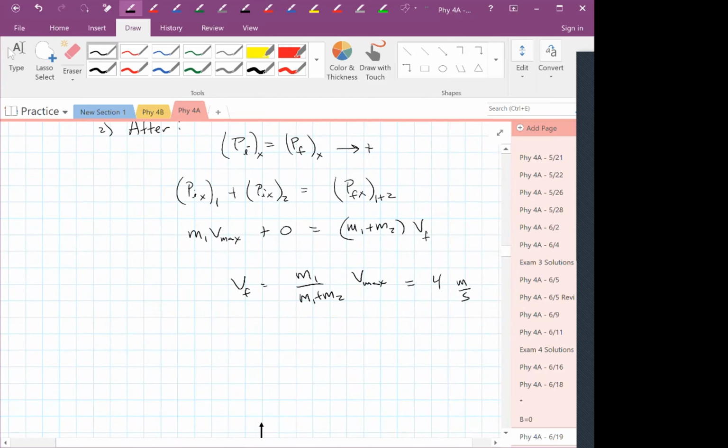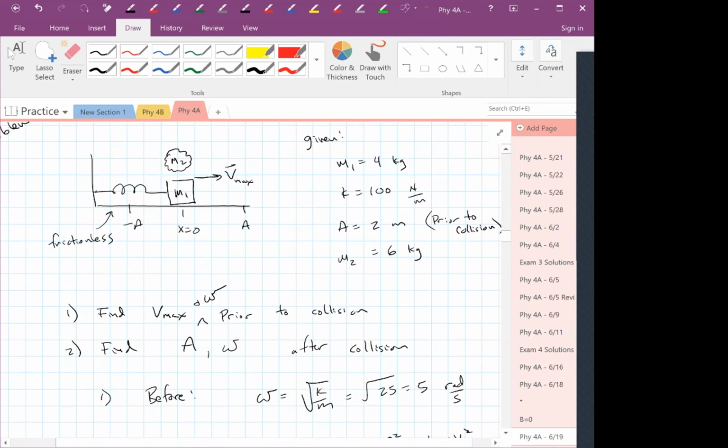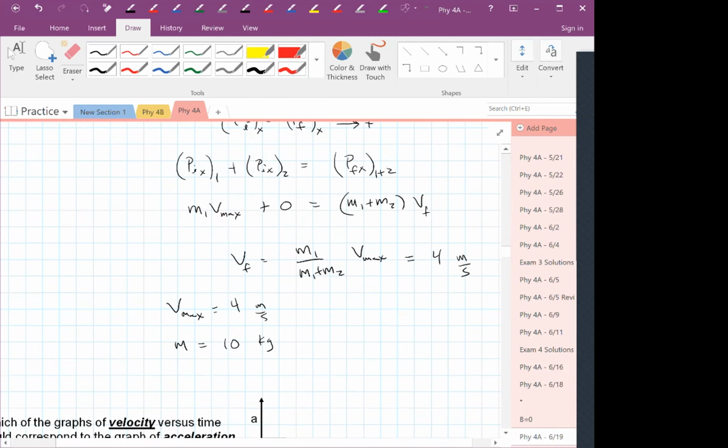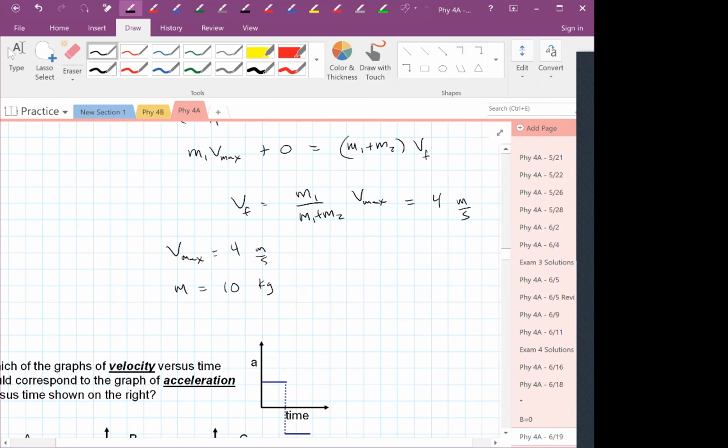So we know our new Vmax. Our mass is now 10. These two objects are, oh wait, what did I tell you what M2 was? Yeah, 6 plus 4 is 10. And then we can find the amplitude. The new amplitude we can get from energy conservation.